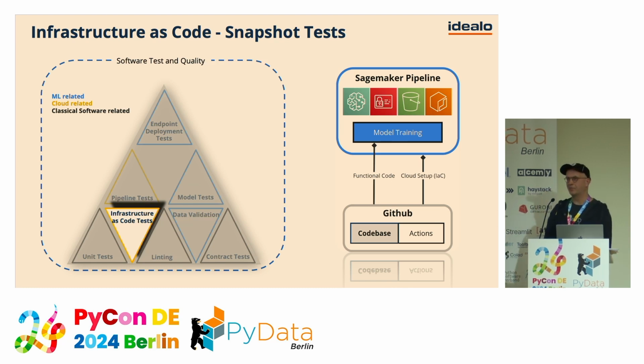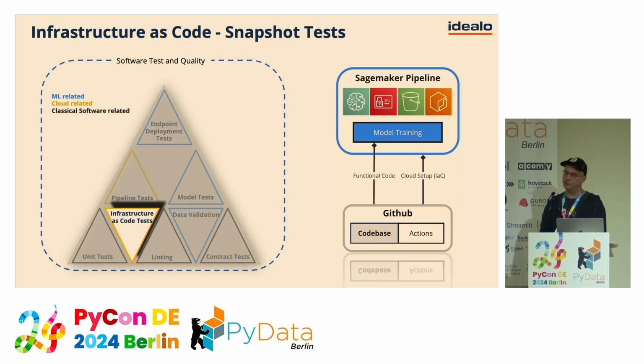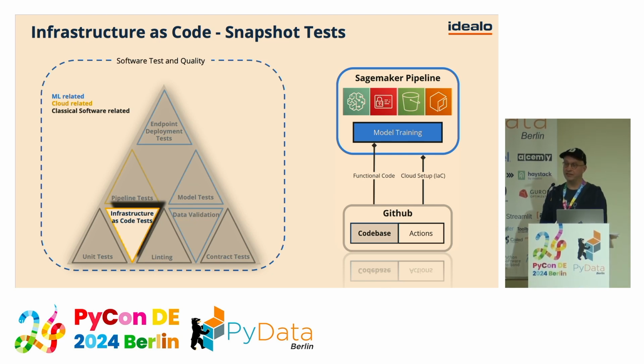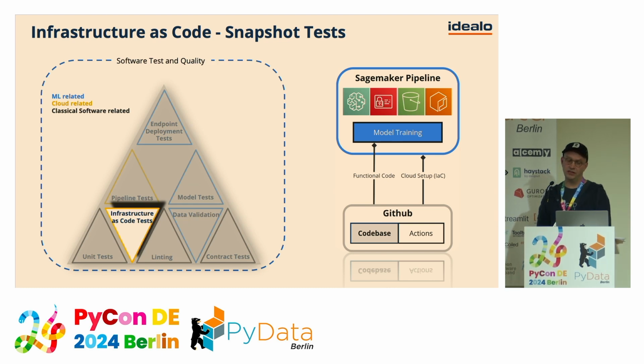The SageMaker pipeline itself is part of the infrastructure. We have several buckets for our data, and even our models are stored in buckets. The SageMaker endpoint is part of our infrastructure, and last but not least, all the access management is also part of our code and our infrastructure.